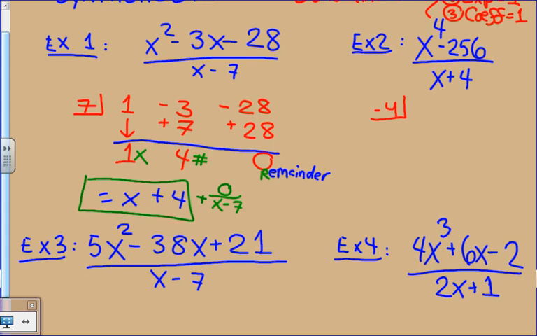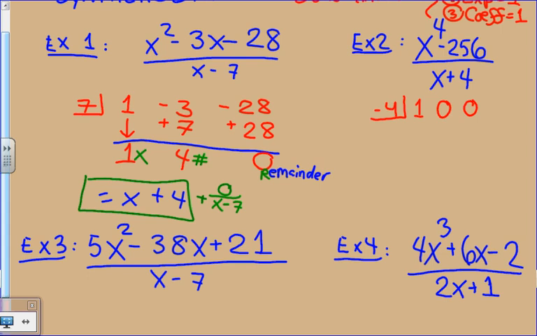I have x to the 4th. What is its coefficient? 1. What about x to the 3rd? Nothing. That's its coefficient, 0. What's the placeholder? 0. What about my x squared? What's the placeholder? 0.